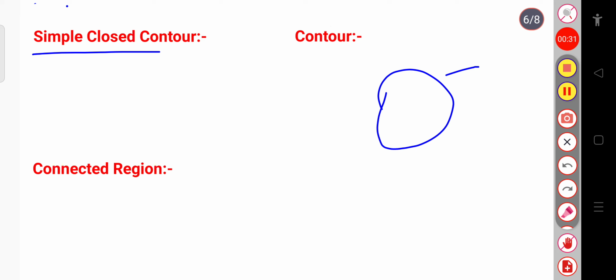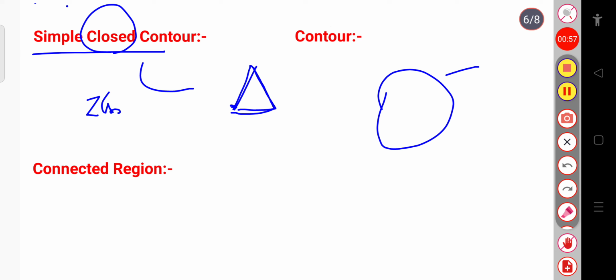Then what is a simple closed contour? A simple contour is called closed when the initial and final values of some complex function, suppose z of t, coincide. It means that suppose I am drawing a triangle, its initial point is this. If I start from this point and at the end I reach this point, the starting point and the ending point remain the same.